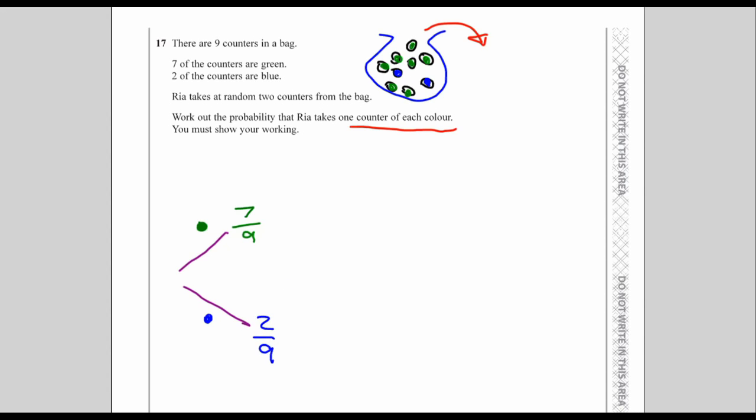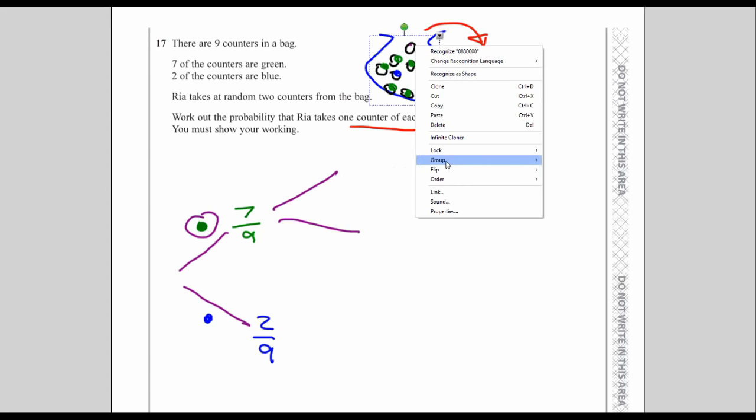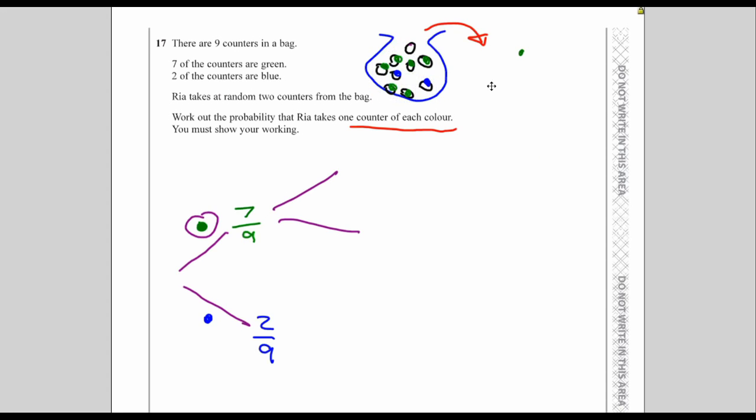Now we have to imagine what our bag looks like once we've taken stuff out of it. So if we've taken this green out, how many counters are left? Oh no. Let's ungroup that. Okay. We've taken this green out.